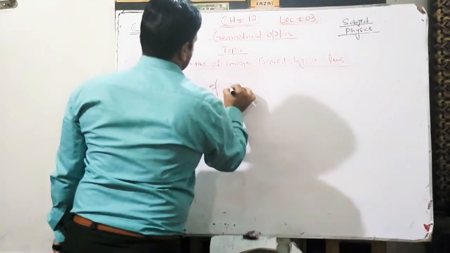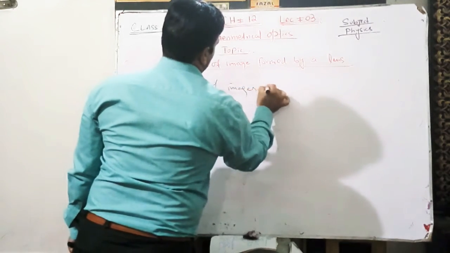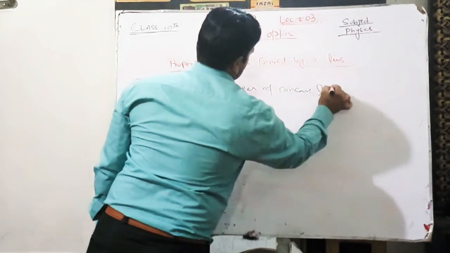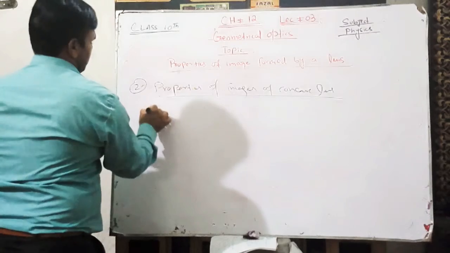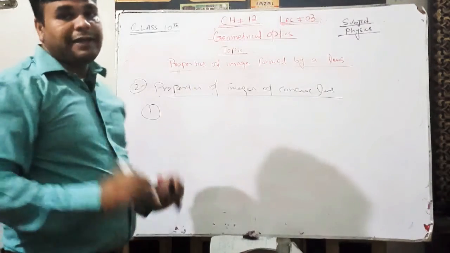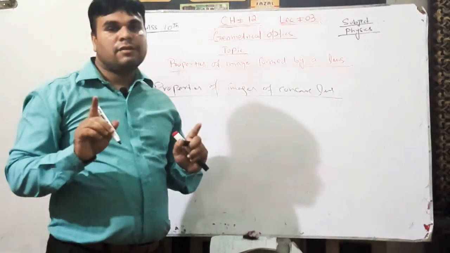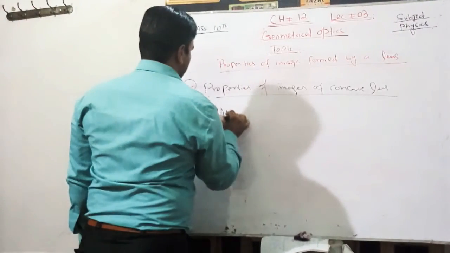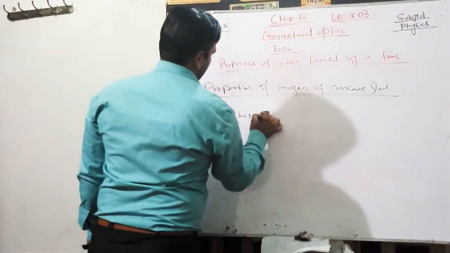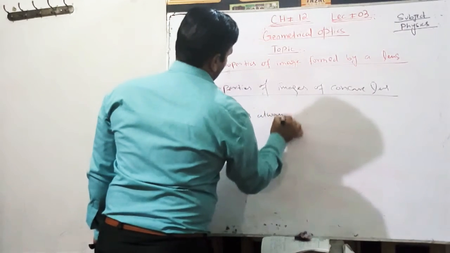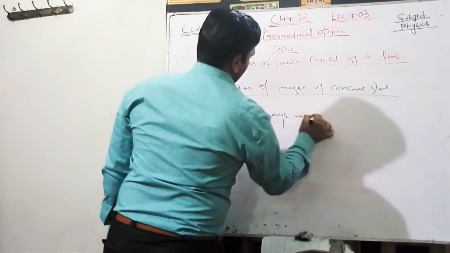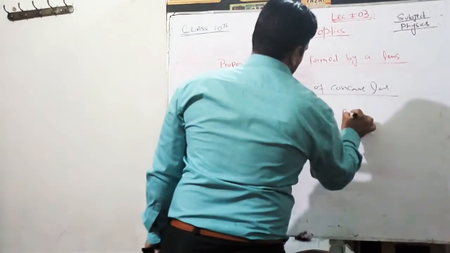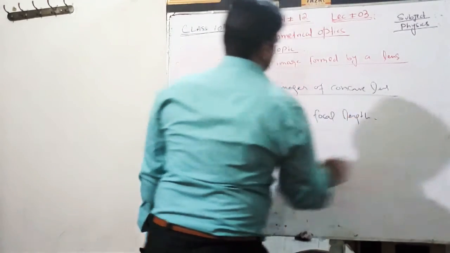Properties of images of concave lens. A concave lens always has a negative focal length.